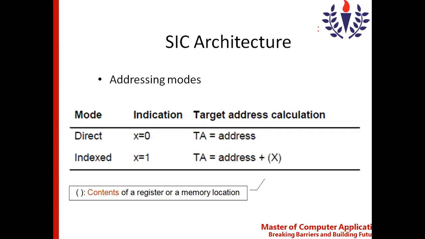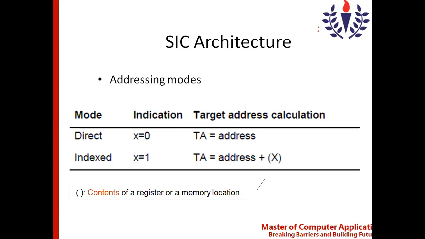Say for example, in the previous instruction LDA 5, 5 is your symbol, that is the target. Where 5 is stored, in the location 11A, that is the target address of that particular symbol. So when the X bit is 0, TA is equal to address.